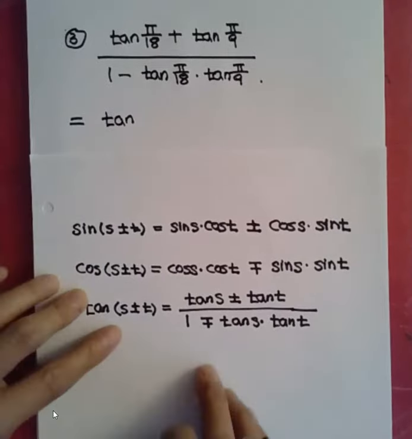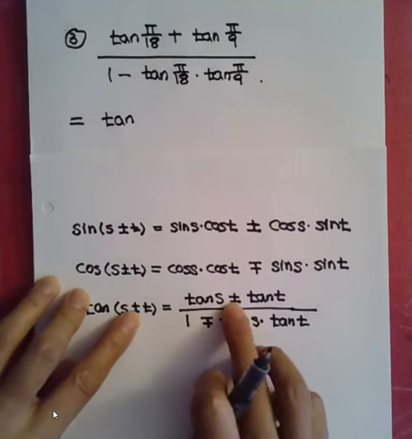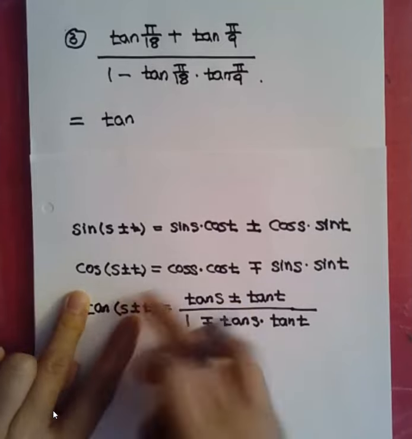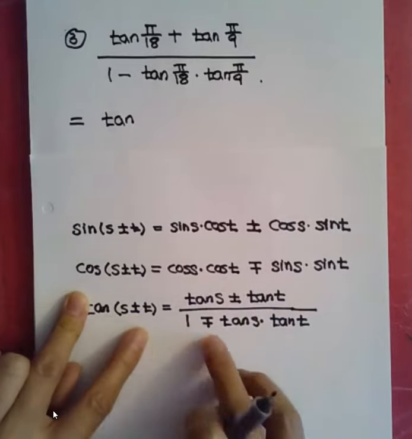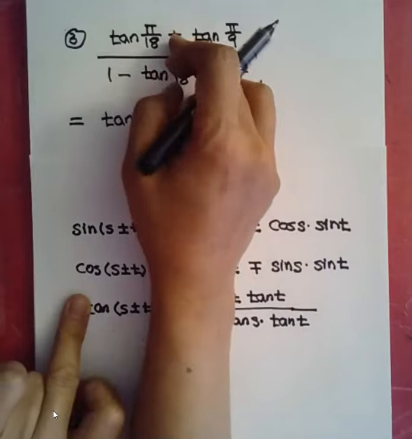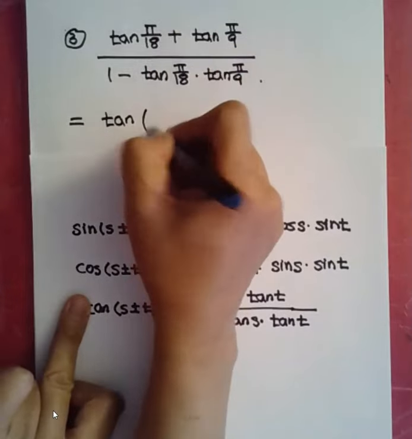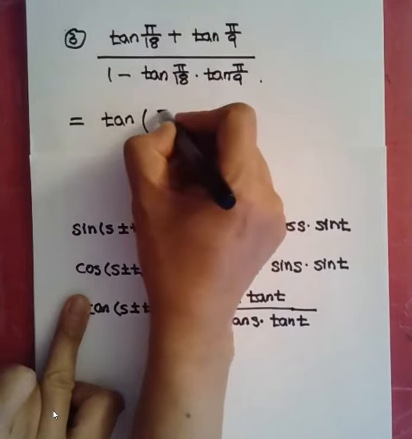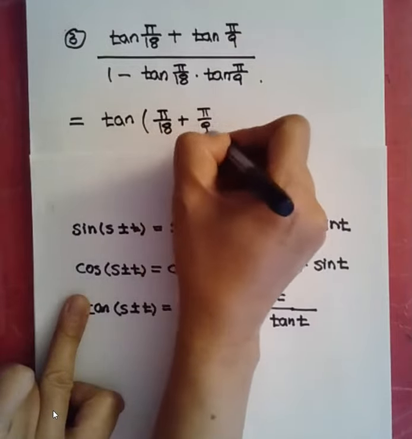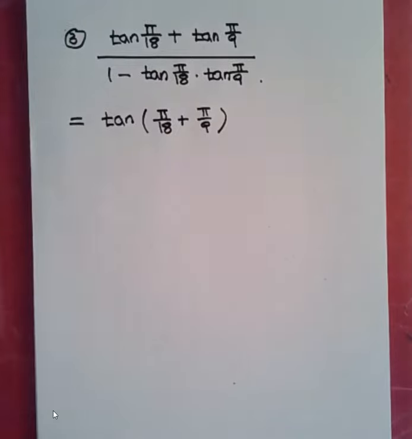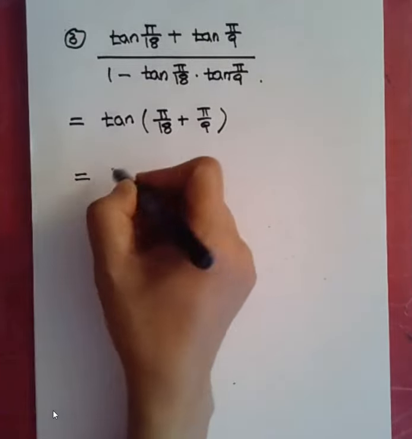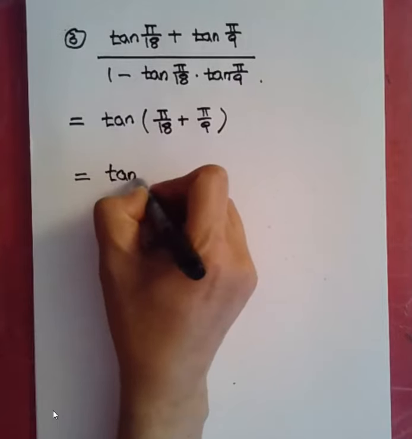If you look at the formula, the numerator preserves plus to plus, but the denominator switches the sign. So we just look at the numerator, then combine the two angles, pi over 18 plus pi over 9, and then we will calculate the angle to see which angle we are getting.